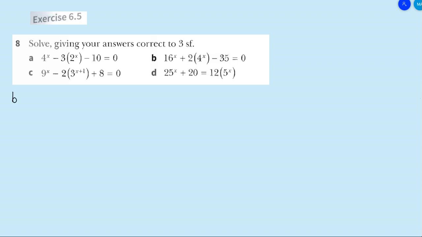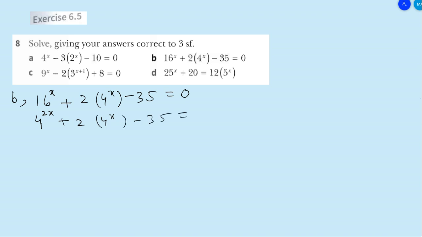Part B is 16 to the power x plus 2 into 4 to the power x minus 35 is equal to 0. 16 becomes 4 to the power 2x because 4 squared is 16.